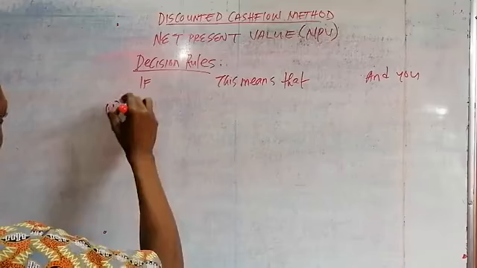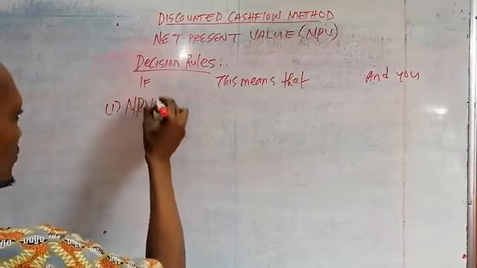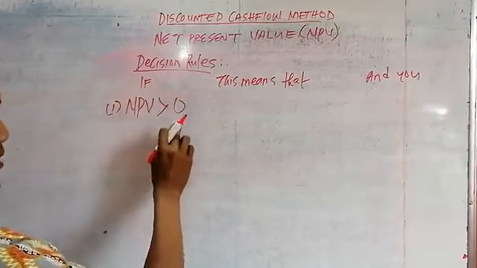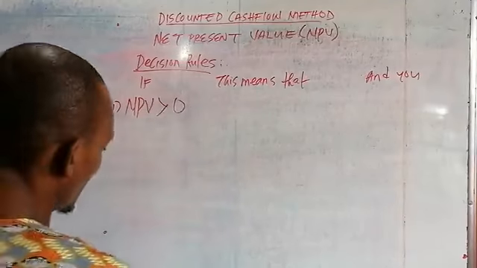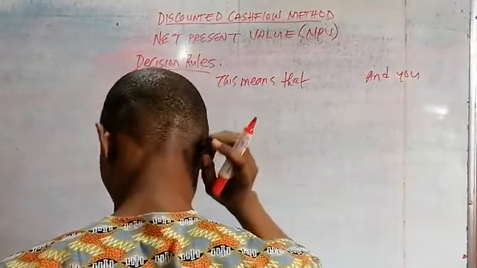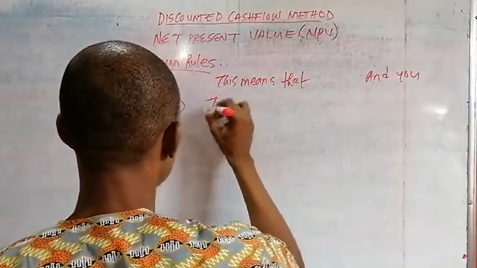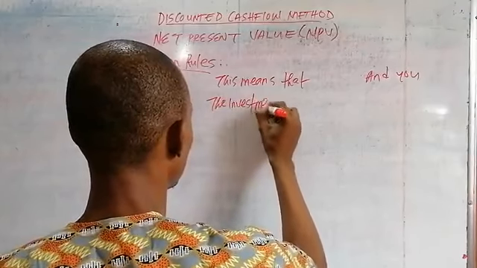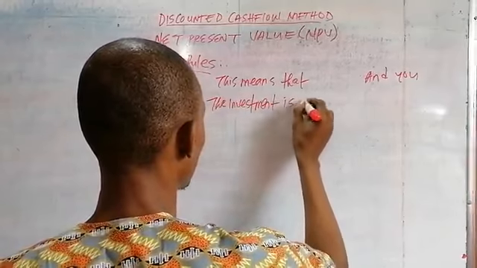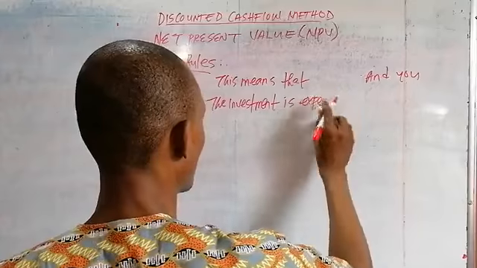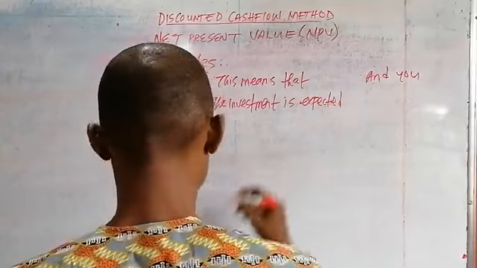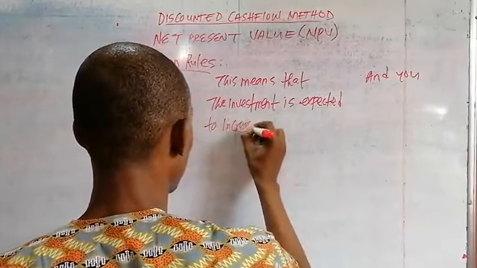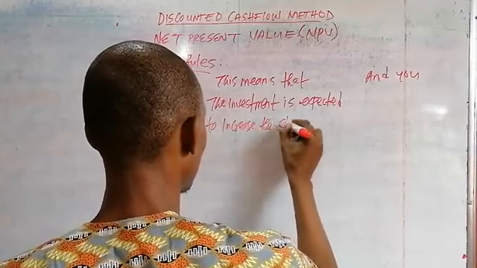So 1, NPV greater than 0. If NPV is greater than 0, this means that the investment is expected to increase the shareholders' wealth.